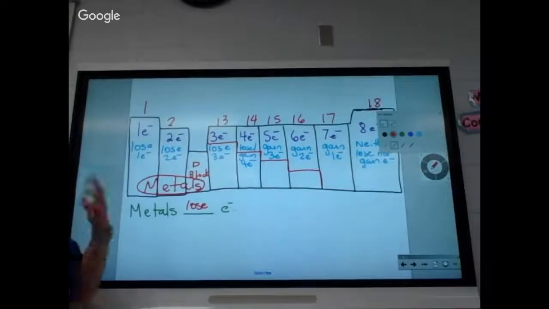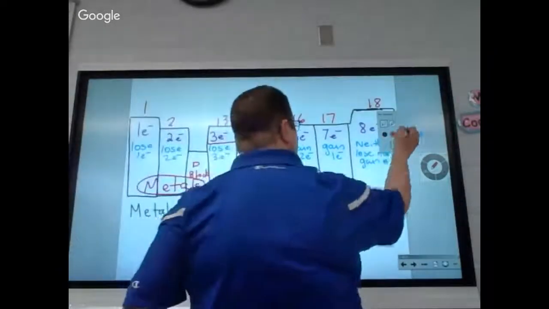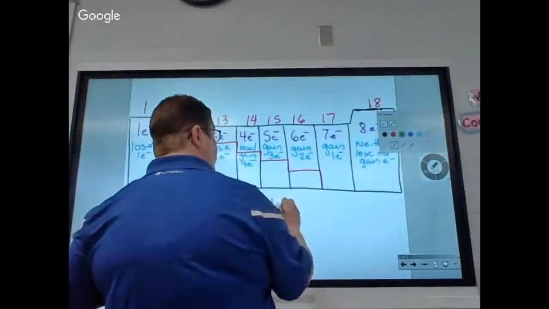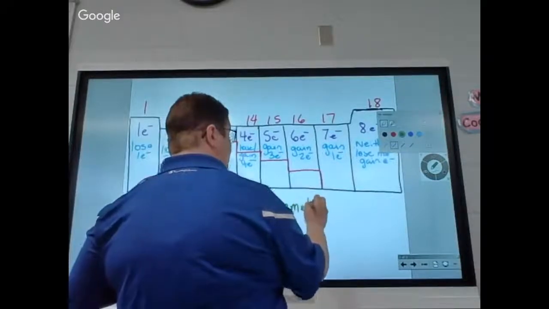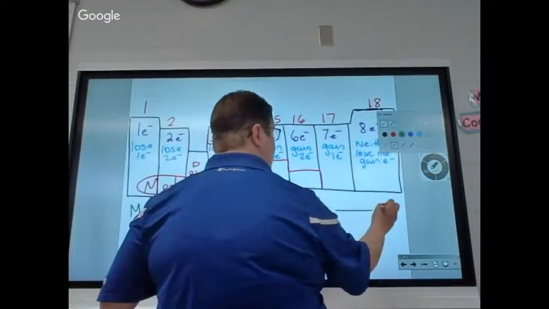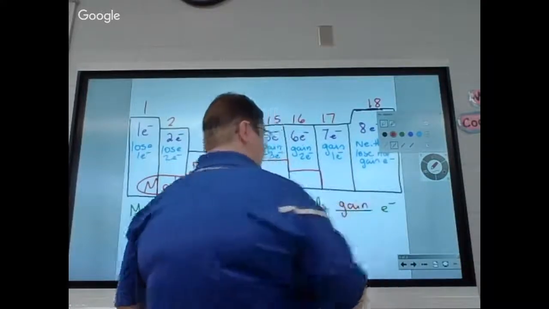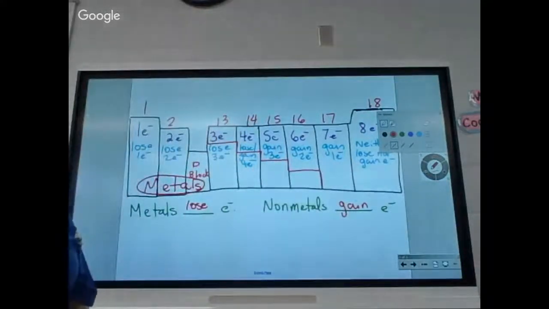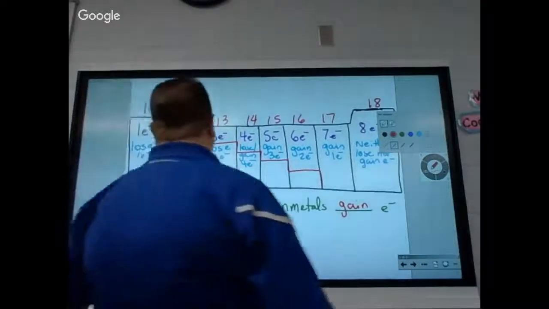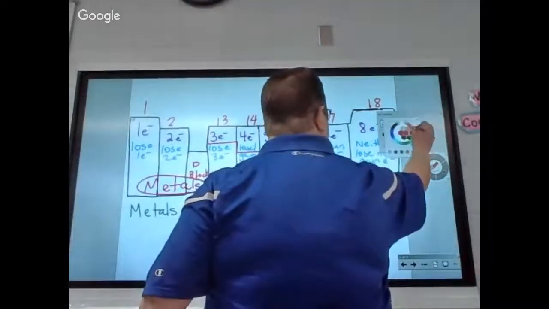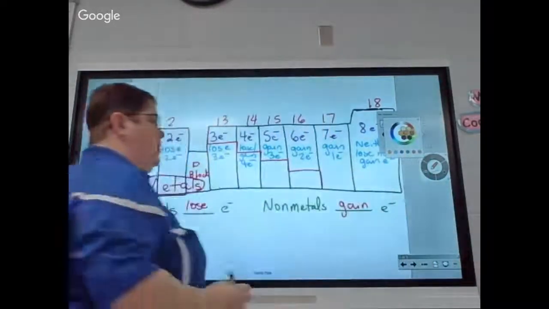Always. So, what would that mean about nonmetals then? Nonmetals gain electrons. Does that make sense? Now, you should also at this point be able to tell me their oxidation numbers.